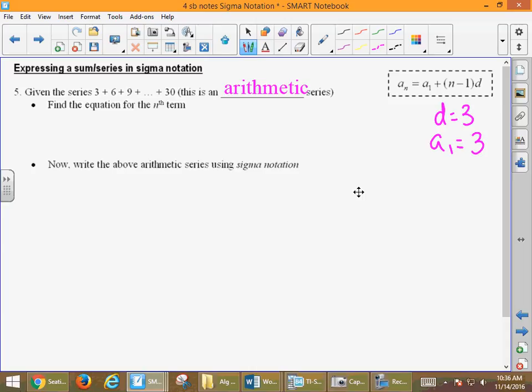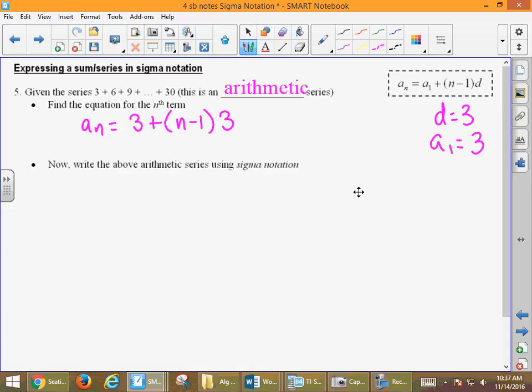What we have to do when we want to write something in sigma notation is use our nth term formula, whether it's arithmetic or whether it's geometric. So when we look at this problem here, a sub n equals, off to the upper right corner is our formula, 3 plus n minus 1 times our common difference, which is 3.